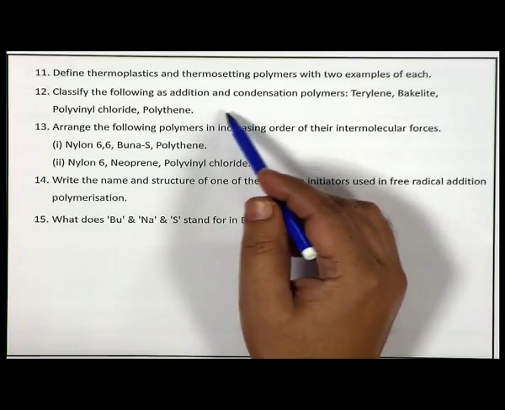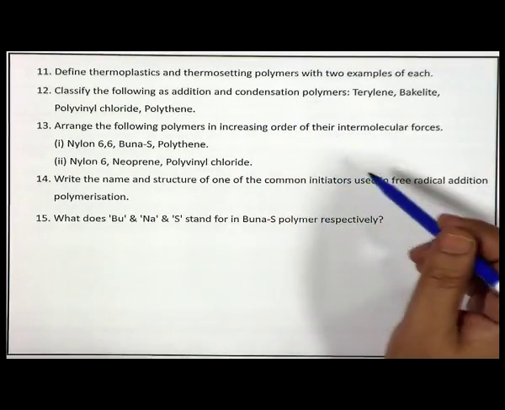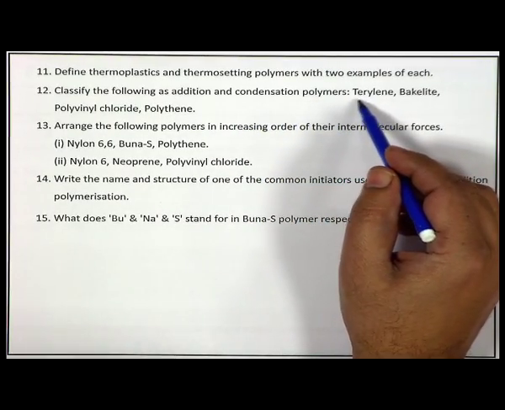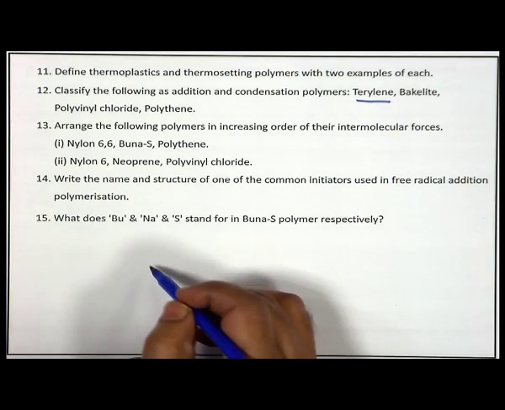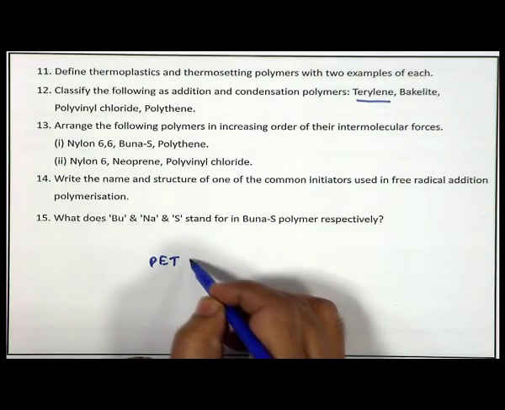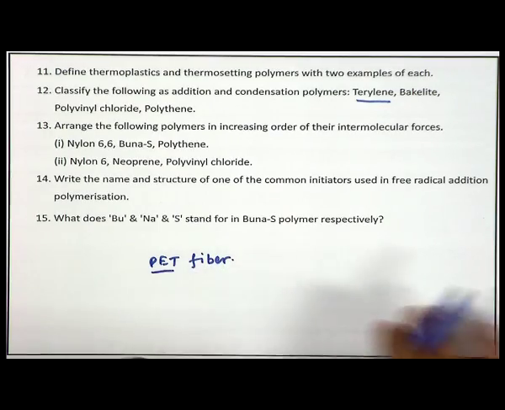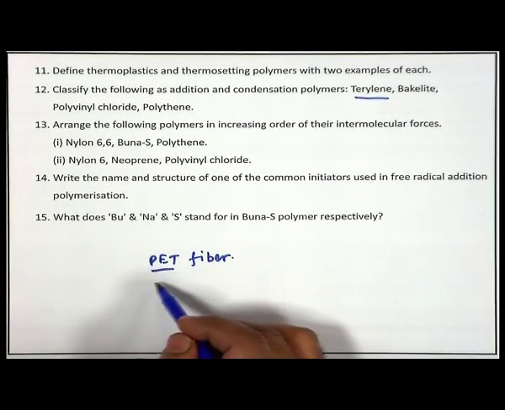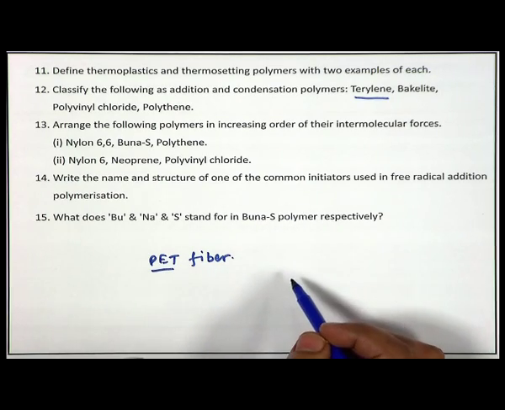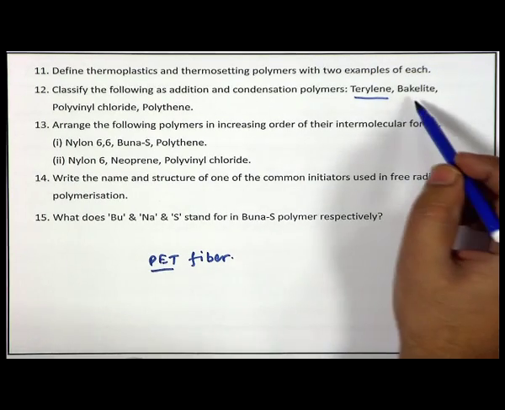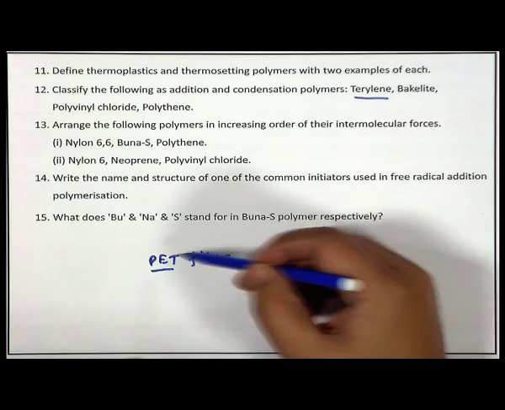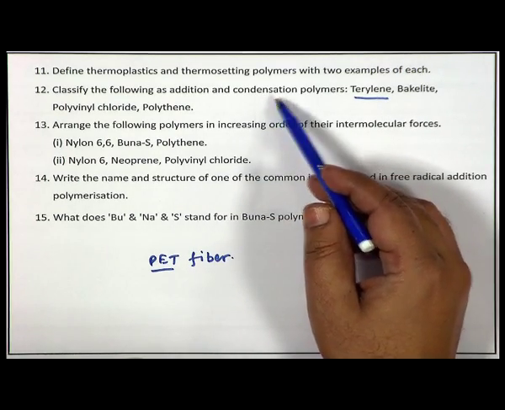Classify the following as addition or condensation polymers. Terylene is nothing but PET fiber. I will just come back to the nomenclature, just let me finish the questions. Terylene is PET, so it is a condensation polymer.